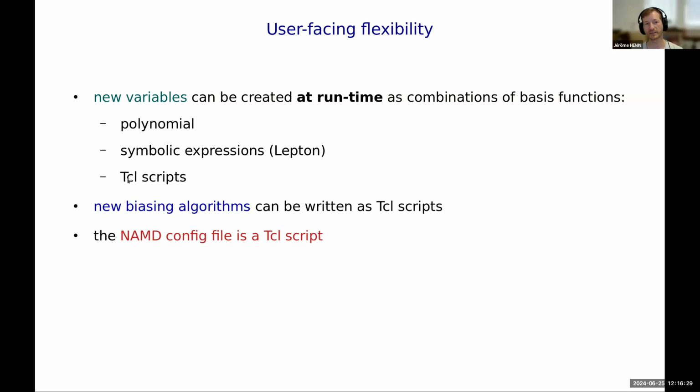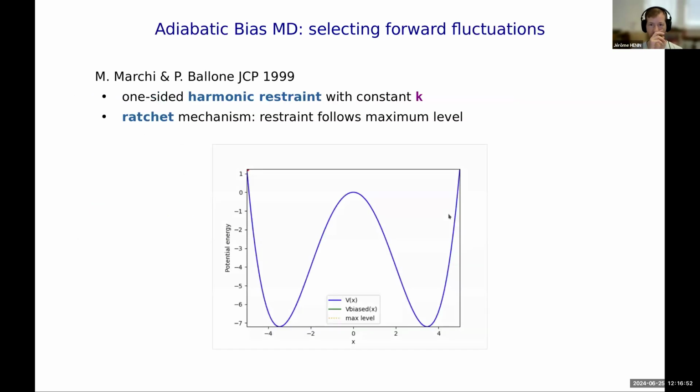And then you can also write Tcl scripts, and I'm sure you've been hearing about Tcl already, and you're going to hear more about it. So Tcl scripts let you define new variables, but also new biasing algorithms. And finally, the NAMD config file itself is a Tcl script, so you can script NAMD's behavior together with Colvars. I'll try to give you examples.